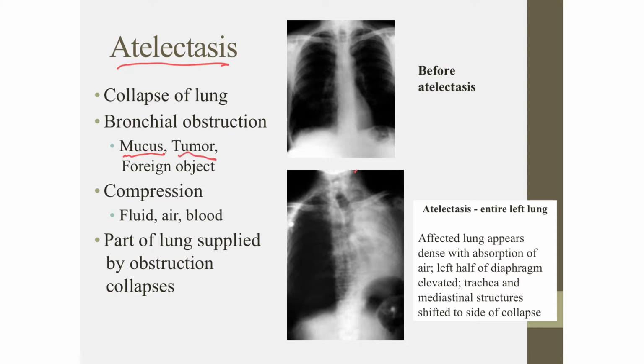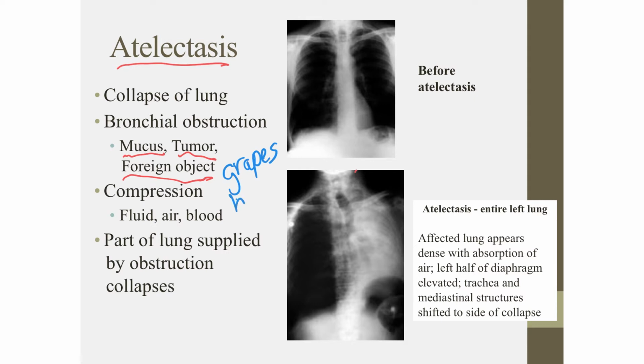This can happen as a result of a tumor growing inside of a bronchiole or a bronchi. And if we think about the tissue types there, that's epithelial tissues, and epithelial tissues are usually made of squamous cells, so things like a squamous cell carcinoma. This can also happen due to foreign object aspiration, so things like grapes.